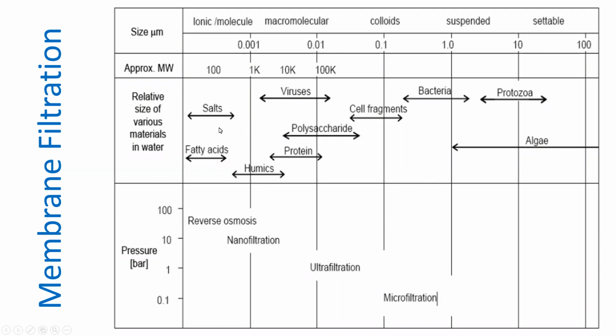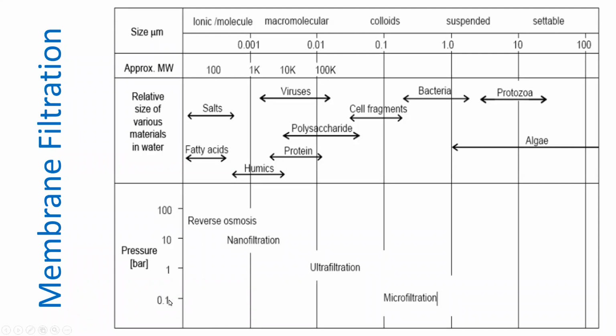We would like to get rid of these molecules from the water. So essentially we have to use reverse osmosis. In this range we need to use nanofiltration. Before that we need to use ultrafiltration, and where we want to get rid of only bacteria, we have microfiltration.